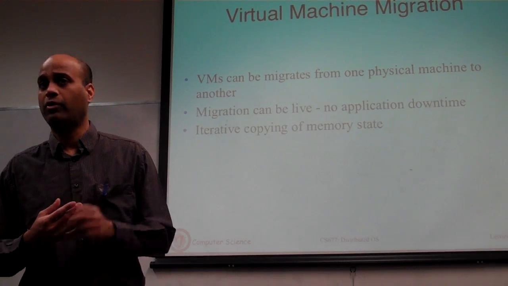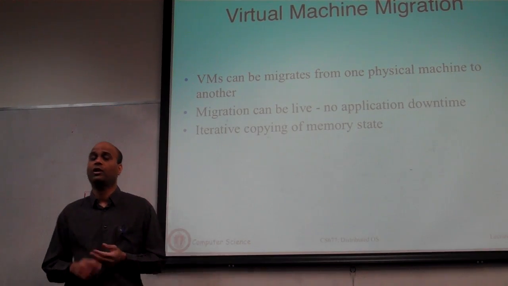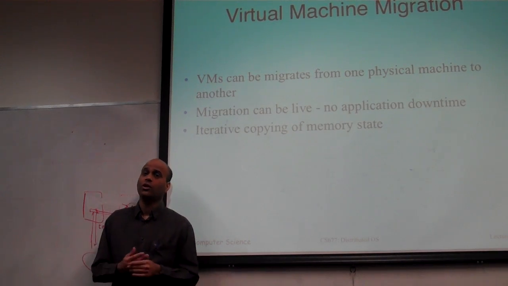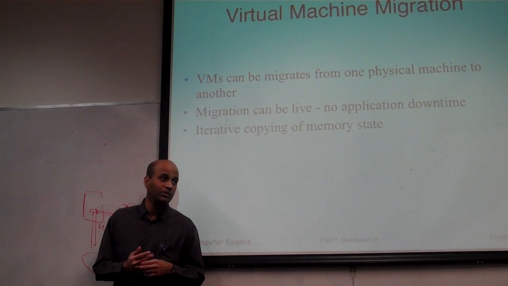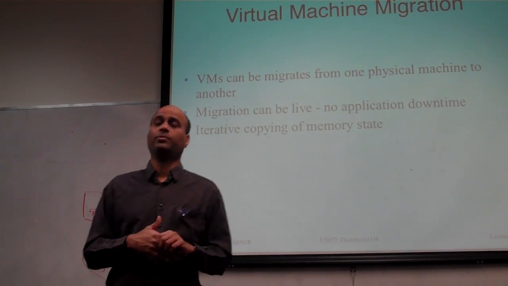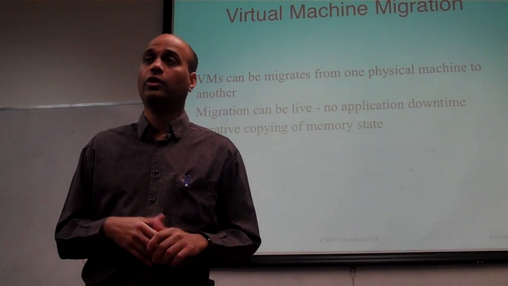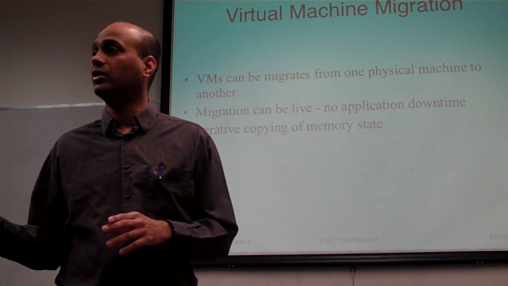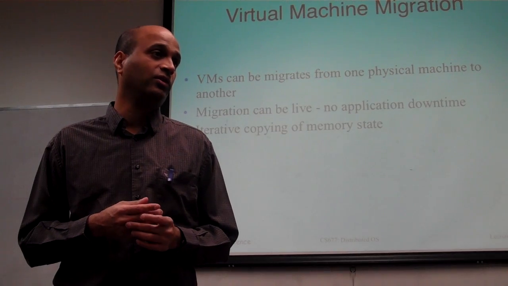Okay. There are a couple of different ways to do this. If you have used VMware or Parallels or VirtualBox, you know that you can suspend a virtual machine. It takes a running virtual machine and suspends its memory state to disk. You can take that virtual disk image, simply copy it over to another machine, and resume execution there.